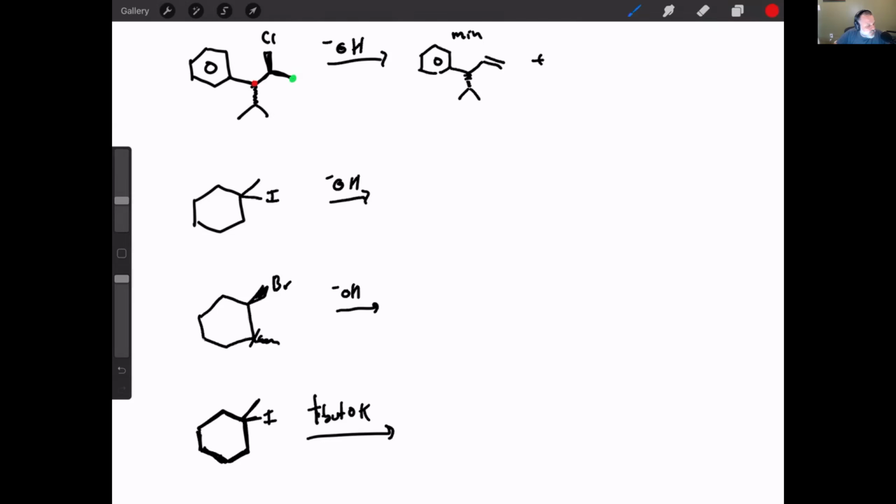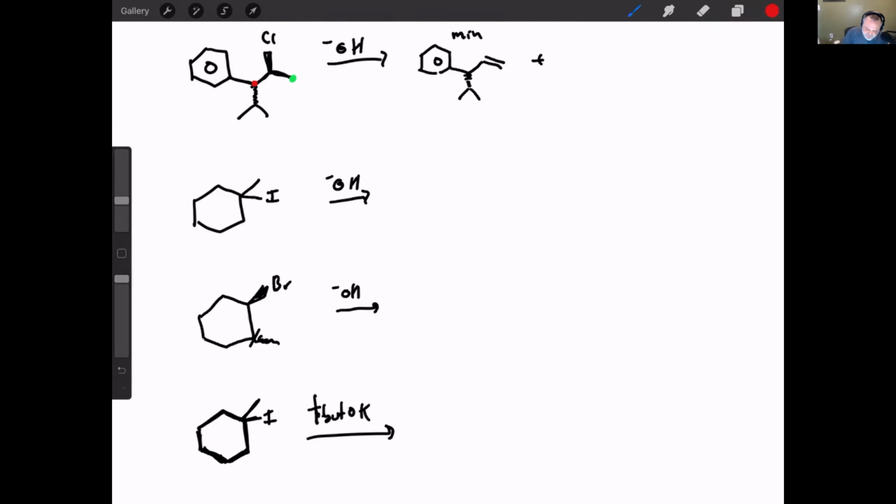In general, the less sterically hindered of the two possible products will be the predominant product, but because there's only one beta hydrogen in this case, only one product is actually possible, and we have to think about that.